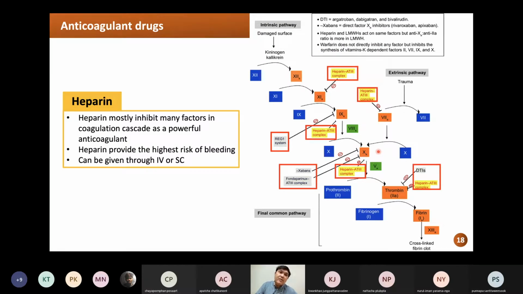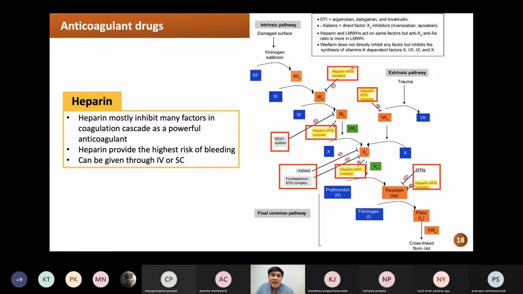As for anticoagulant drugs, the drug you might be familiar with is heparin. Heparin is one type of anticoagulant drug, mostly used to inhibit many factors in the coagulation cascade that I already told you about, the intrinsic and extrinsic pathways, right?